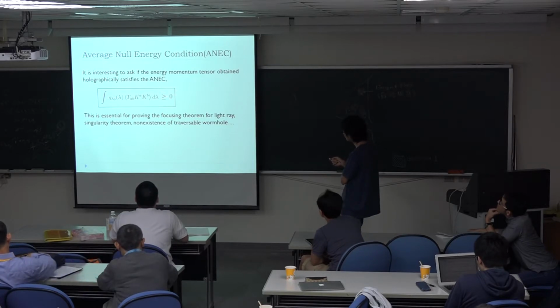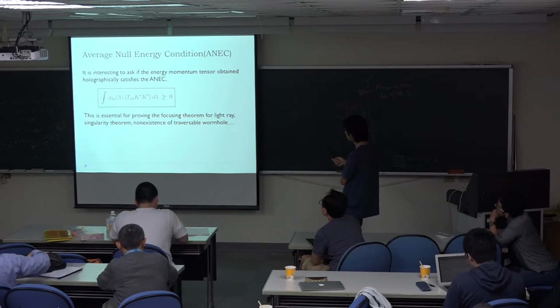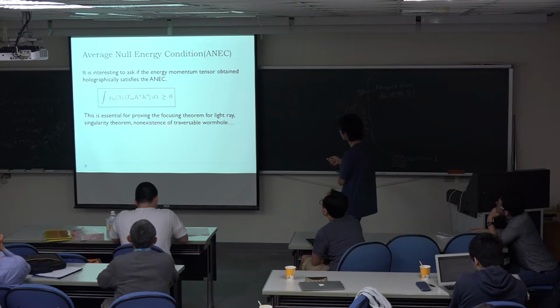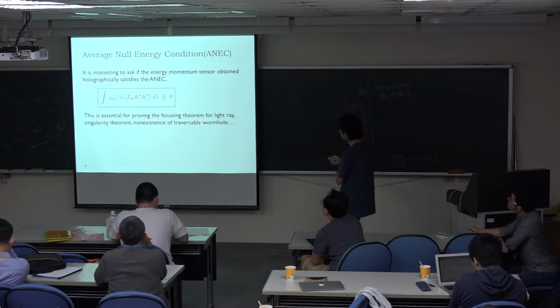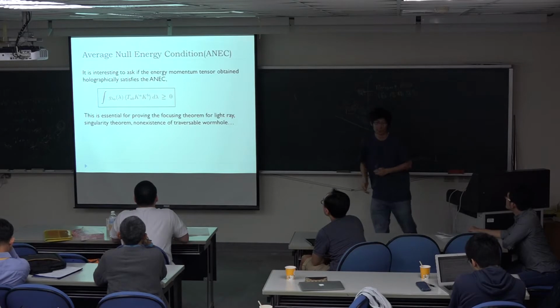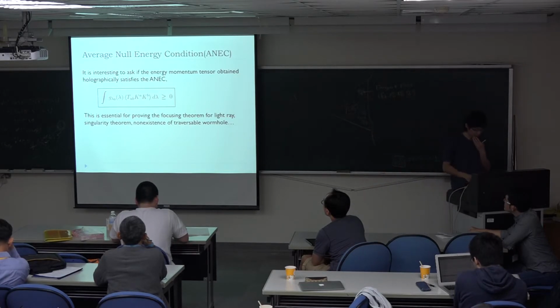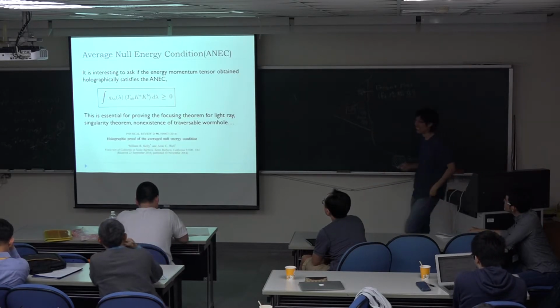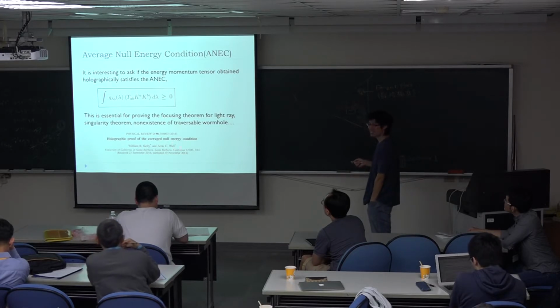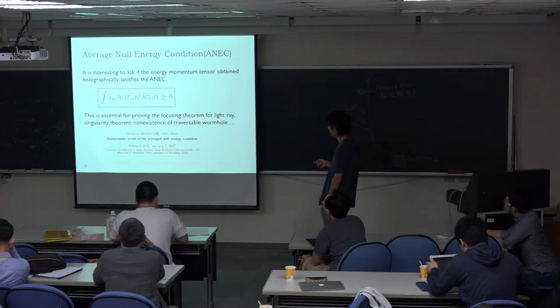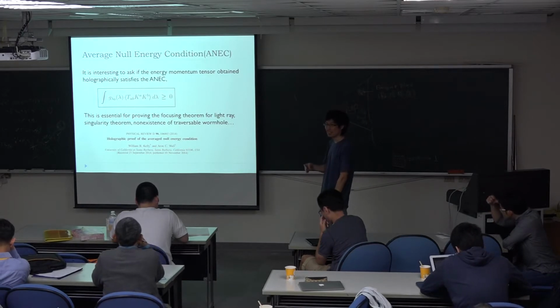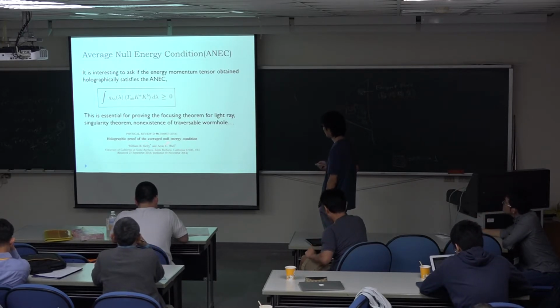I think this is the essential condition because it's important for proving the focusing theorem, the singularity theorem, and also the non-existence of traversable wormholes. So we want to make sure this is satisfied first. But it has actually already been proved in AdS/CFT in general that the energy-momentum tensor you obtain using the AdS/CFT prescription will satisfy the averaged null energy condition.